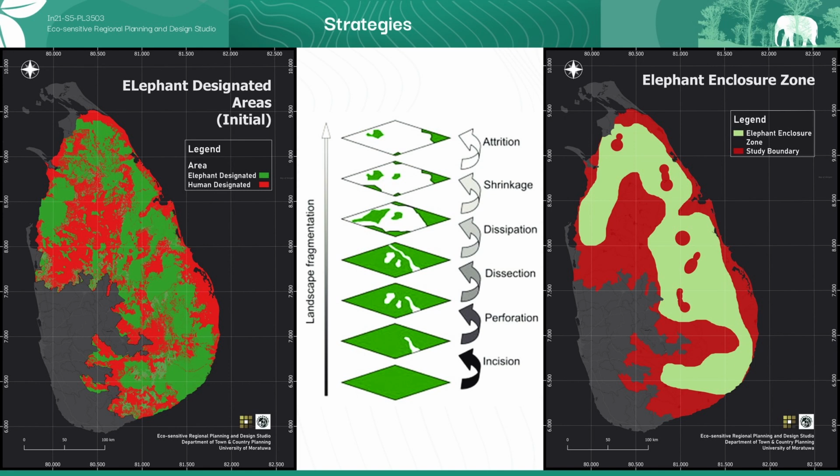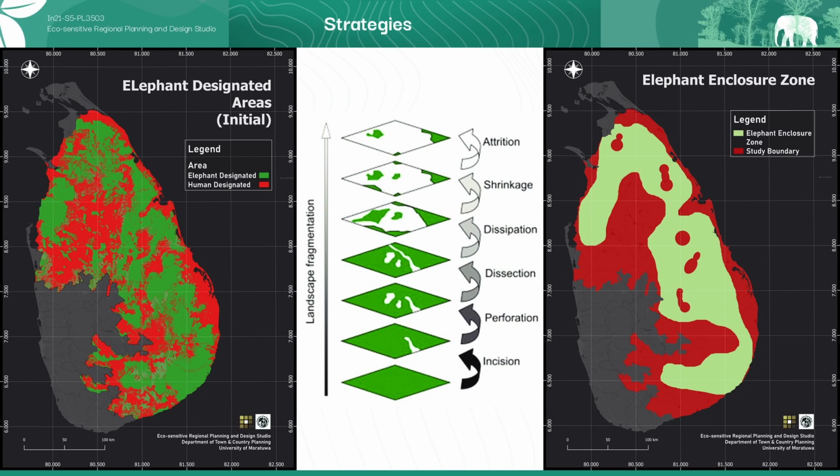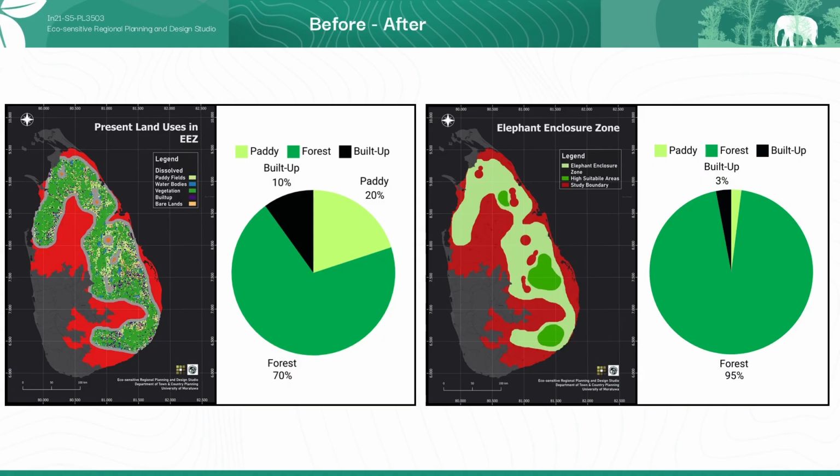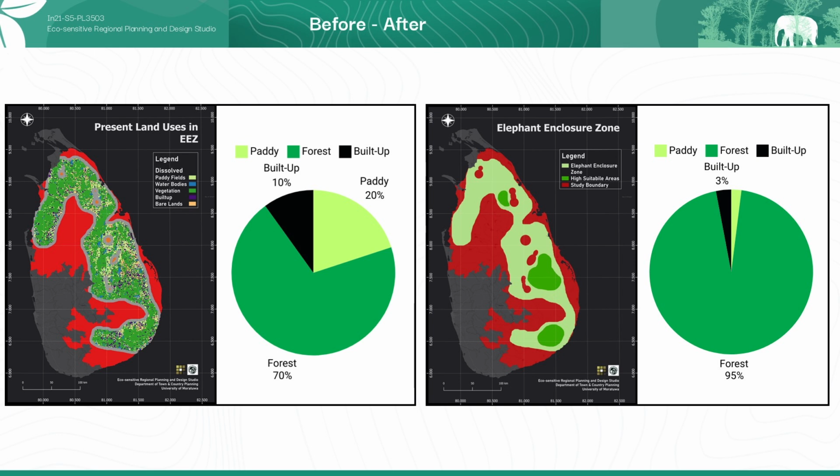This is the initial elephant designated area we got from the modeling process, and by considering fragmentation and fractal geometry theory, we derived this elephant enclosure zone as you can see in this map. Yes, this is the before and after scenario for our strategies. Here you can see the before scenario: within the area we chose, there is 70% forest. After implementing the EEZ, it will increase to 95% forest cover.